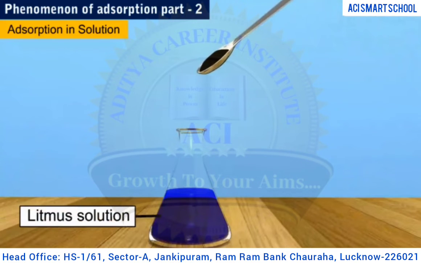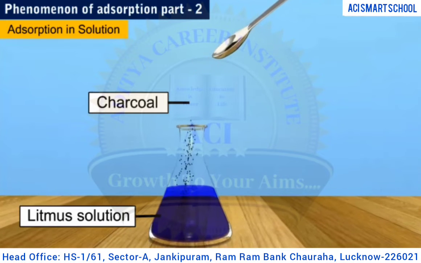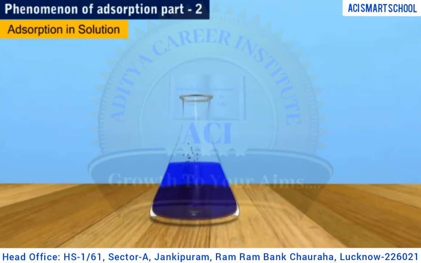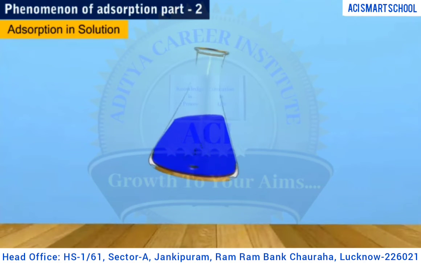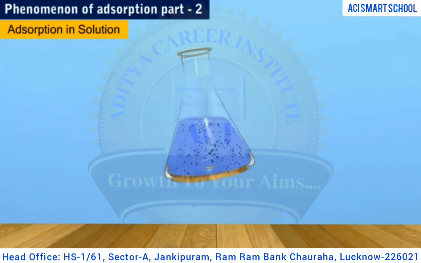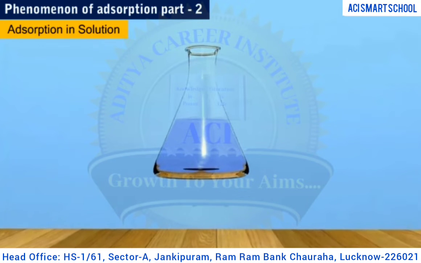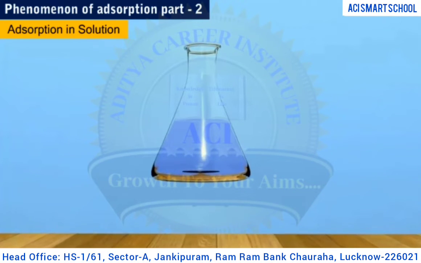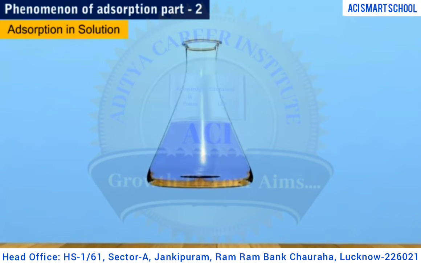Take a litmus solution and add charcoal to it, and then shake it thoroughly. You will observe that after some time, the litmus solution turns colorless. This is because the dye of the litmus solution is adsorbed by the charcoal.